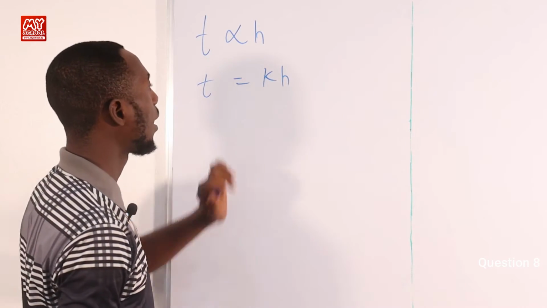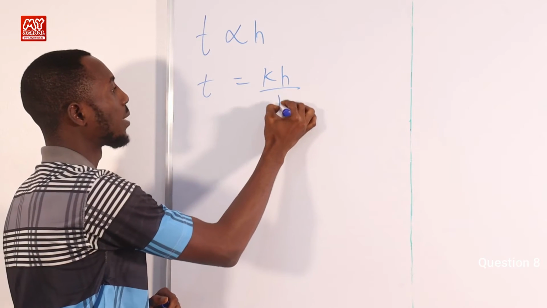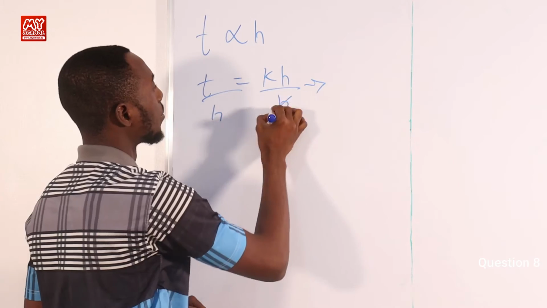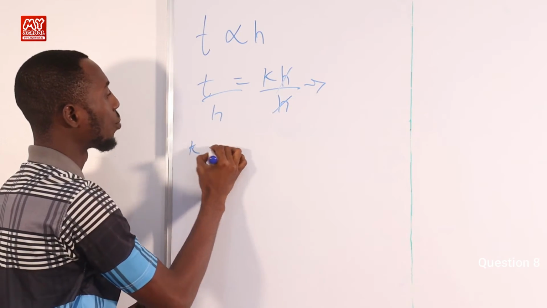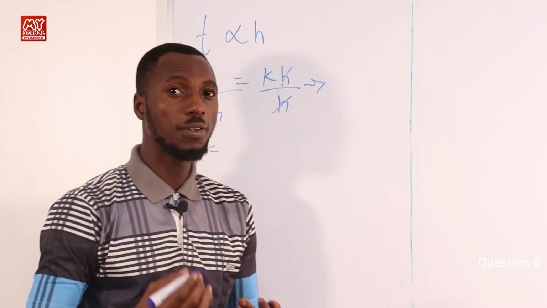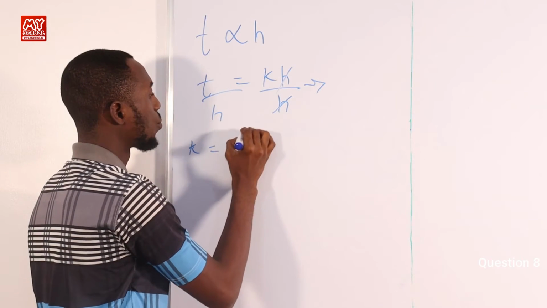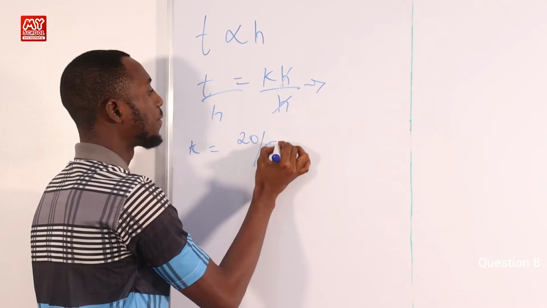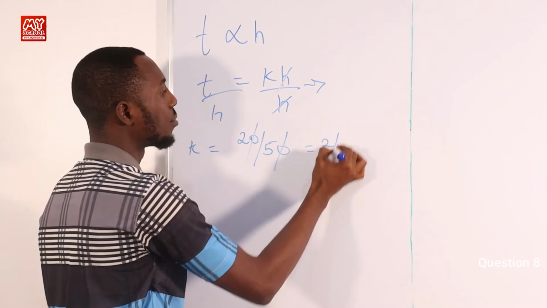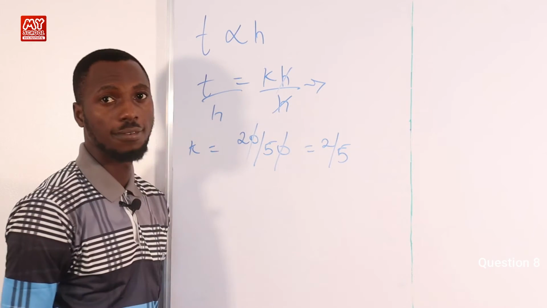Let's find K first. We divide both sides by H, so K will be equal to T over H, which is 20 over 50. This simplifies to 2 over 5.